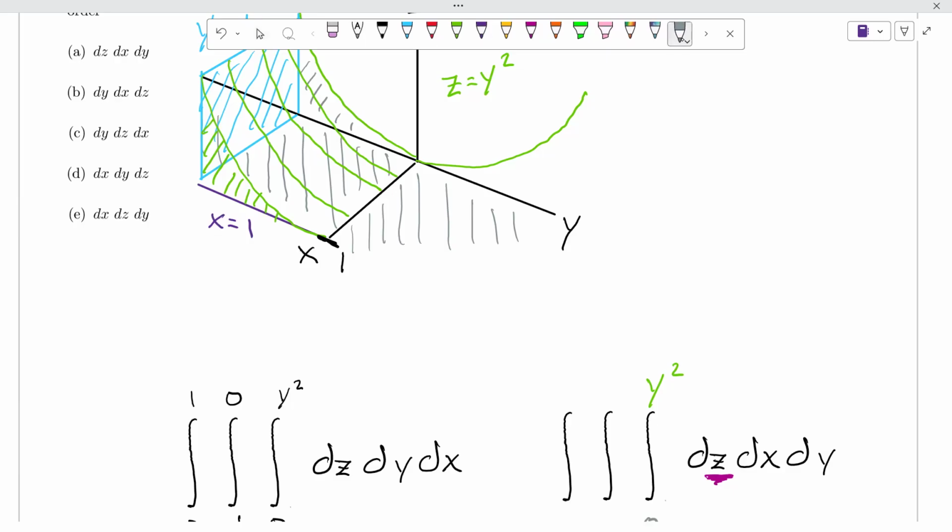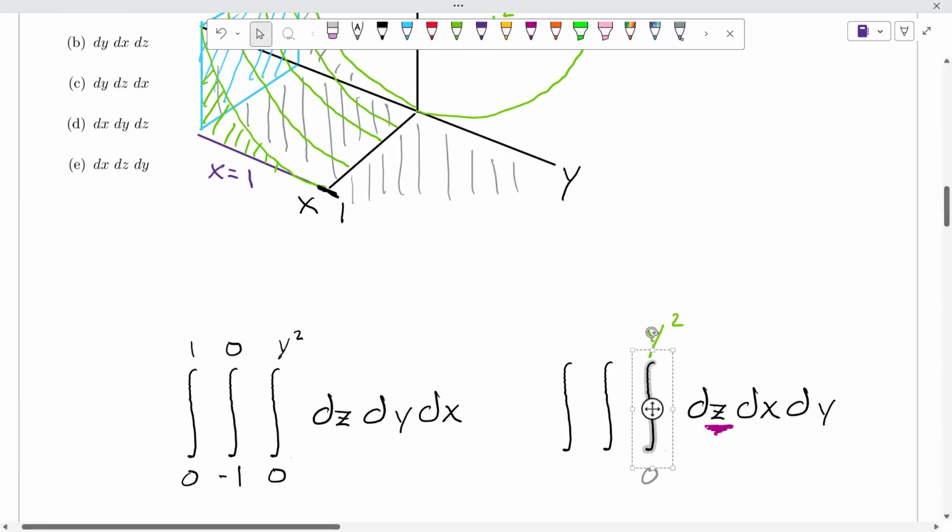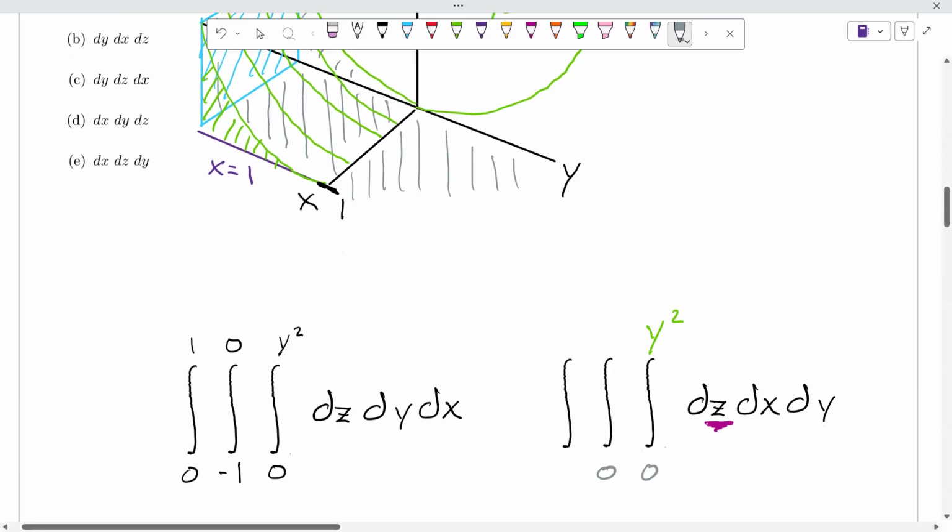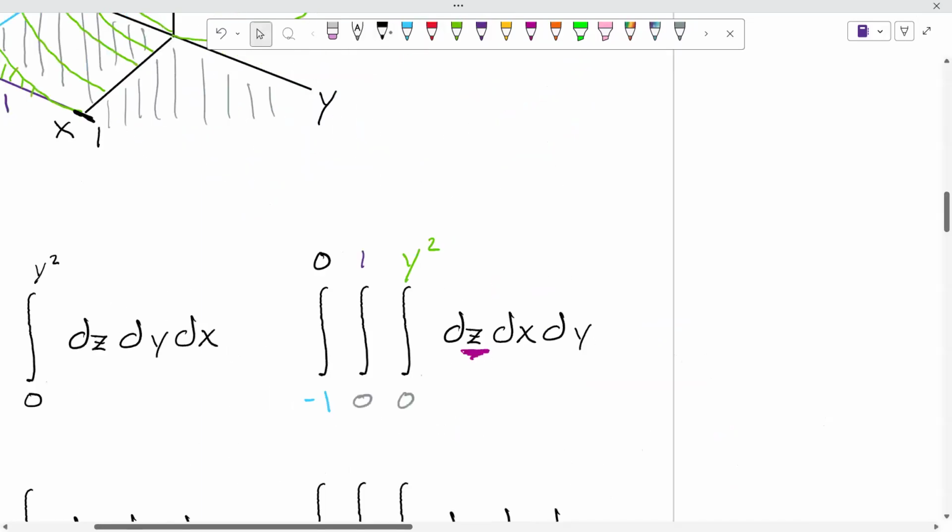I think we could probably see we're going to go from the back at x equals 0 to the front at x equals 1. And then y goes from -1 to 0. -1 being the blue shape, 0 being the x-axis. But it might also be a little easier to make a 2D sketch.